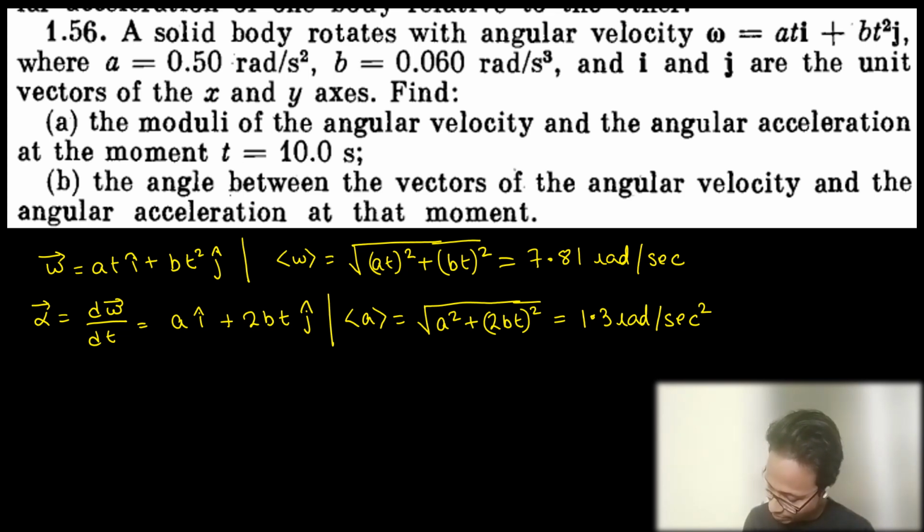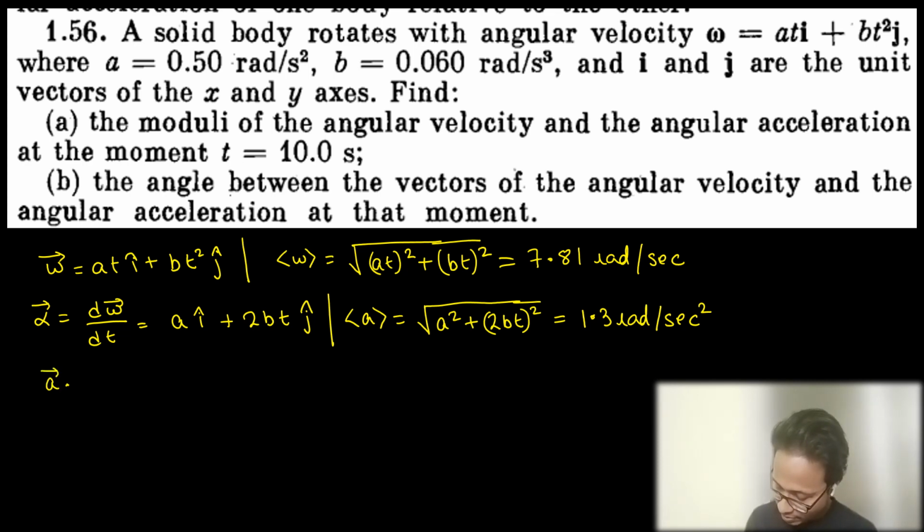Up till here was plain and simple. Now the next part of the question is to find the angle between the angular velocity vector and the angular acceleration vector at that moment. So whenever you have to find the angle between two vectors, always use the dot product. What is the dot product?